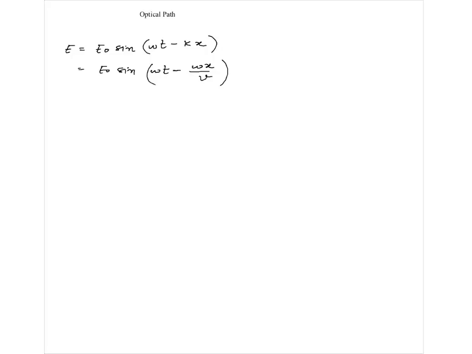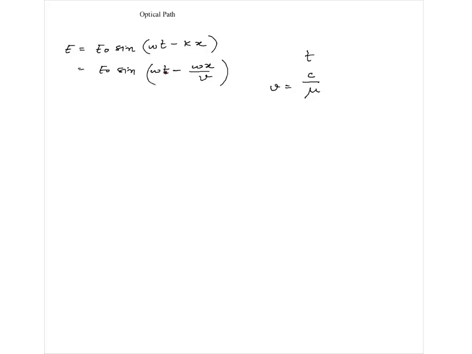Now, let's talk about traveling t distance. And let's consider some medium. So the speed in that medium would be c divided by mu.